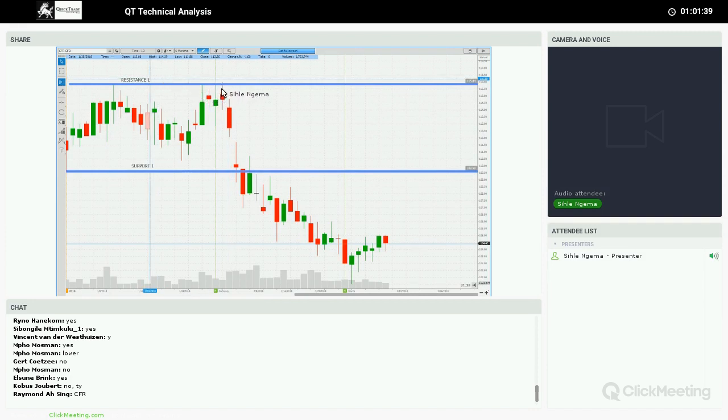Do you see that this red candle has a long spike going towards the high of January? This was basically a rejection by sellers, showing that sellers do not want buyers to push the price further above resistance 1, which was established in January.